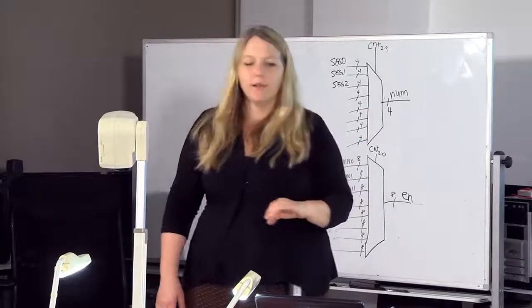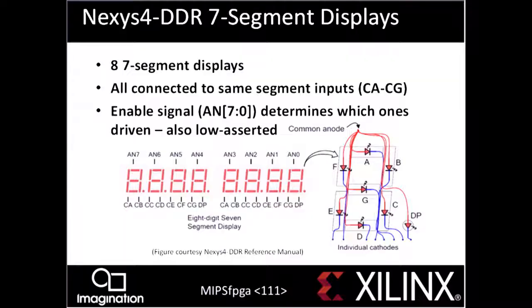So in order to enable the 0th digit, I have to make AN0 a 0. Then, for example, say I wanted to display the value 0, I'd make CA through CG all zeros and a 1. I should have labeled it on the other one, but these are all connected by name.